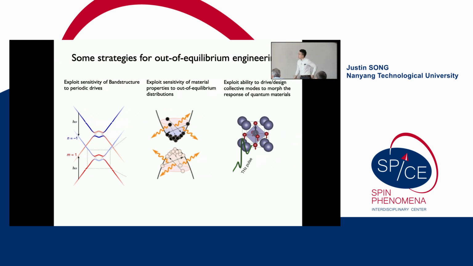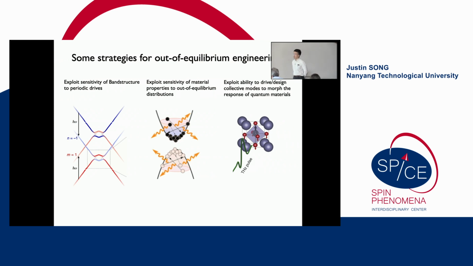One is to exploit the sensitivity of band structure to some kind of periodic drive, some kind of Floquet stuff. There you see Floquet band structure engineering, but it could be a lot more things as well.